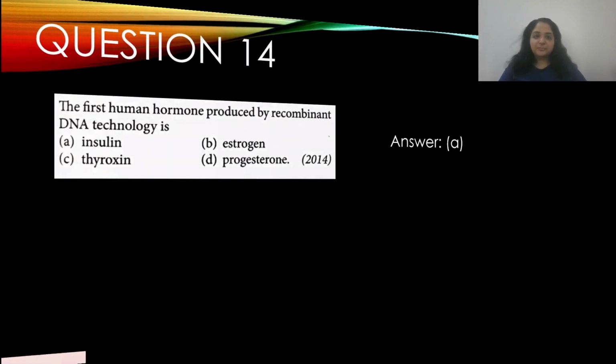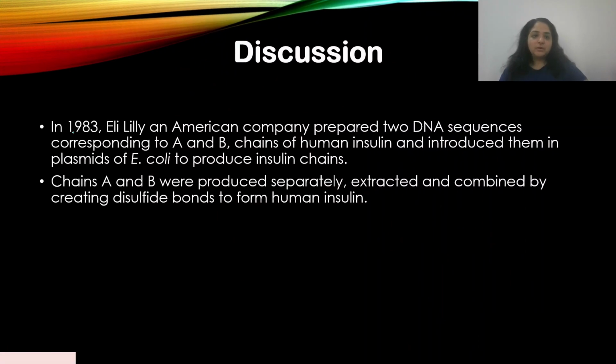There was an American biotechnology company called Eli Lilly, and they managed to do that in 1983. They prepared two DNA sequences corresponding to the A and B chains of human insulin, and introduced them in plasmids of E. coli to produce the insulin chains. So E. coli was the host.